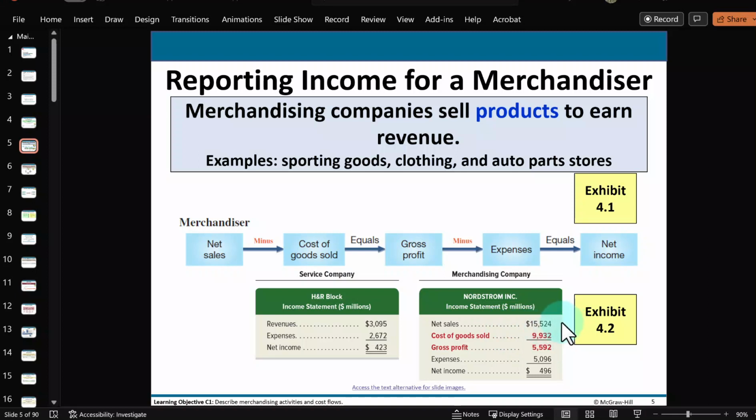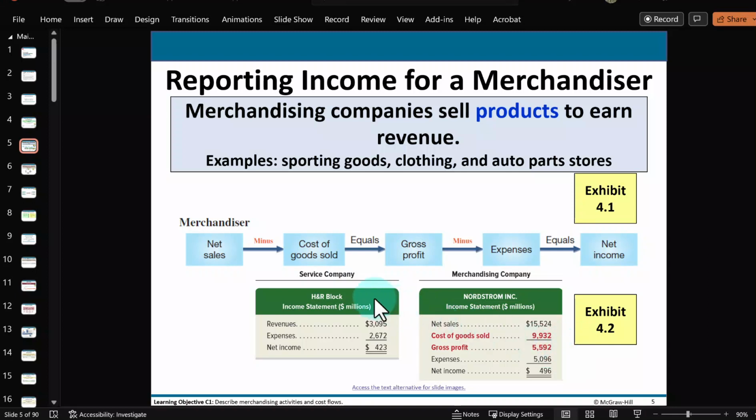In the case of net sales, this is the money we expect to collect from our customers for that merchandise. And for cost of goods sold, this is what our company, Nordstrom, is going to pay for that same merchandise that was sold to our customers. And the difference between the two is the profit we made for the period for selling that merchandise.